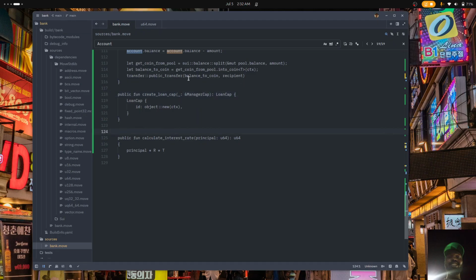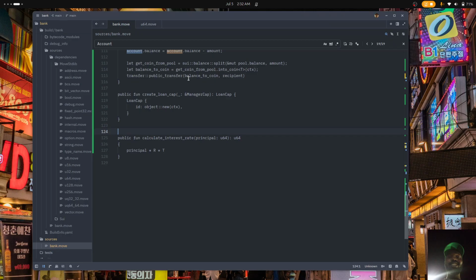Now, this loan cap needs to have some marks, right?